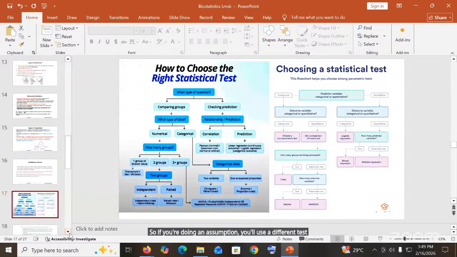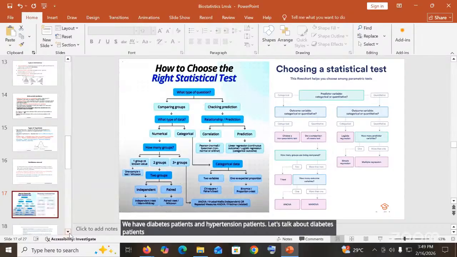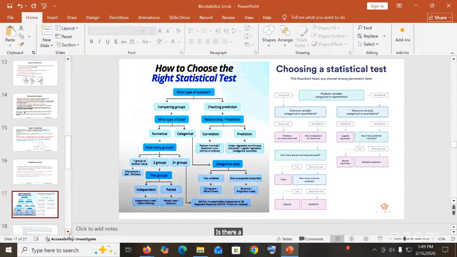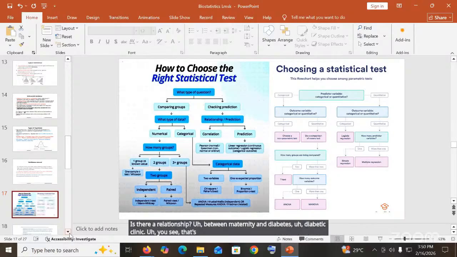If you're comparing groups, you just want to compare, for example, diabetes patients and maternity patients, and you want to compare these two groups, their satisfaction. So you see, these are totally different groups. You're not giving any prediction. But if you want to predict, for example, is there a relationship between maternity and diabetic clinic? You see, that's a relationship you want to predict.